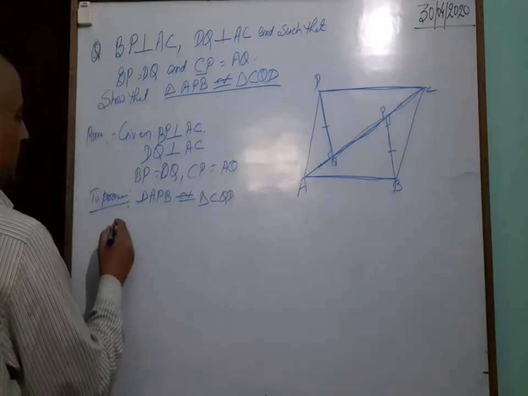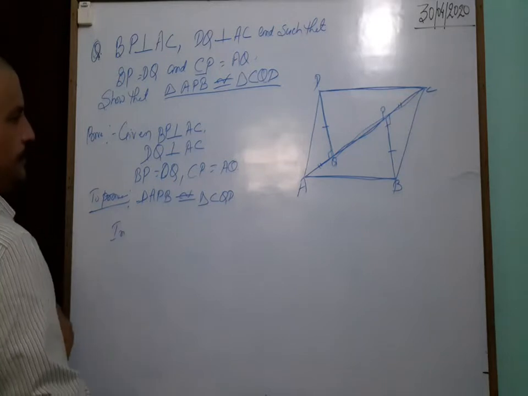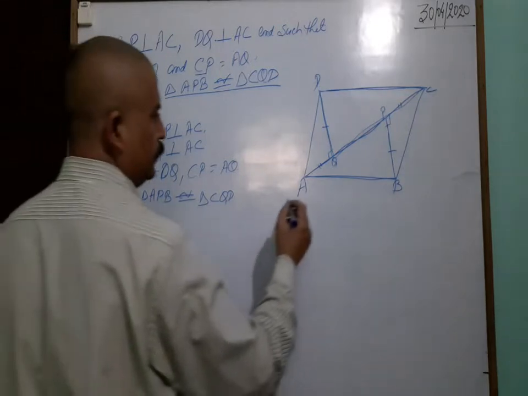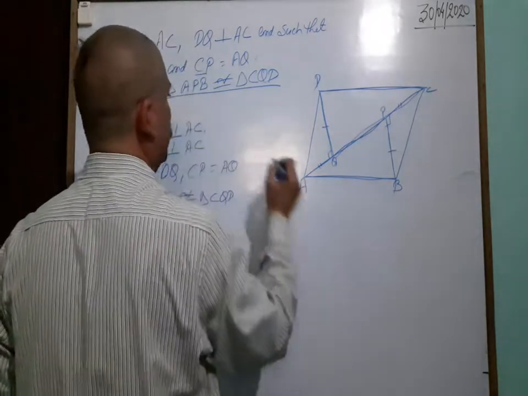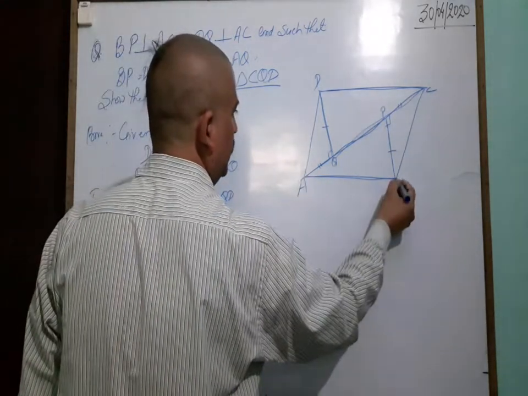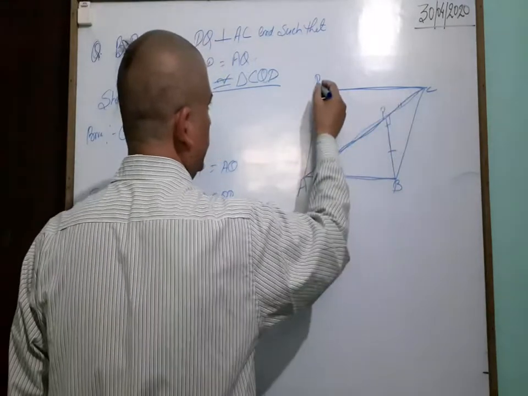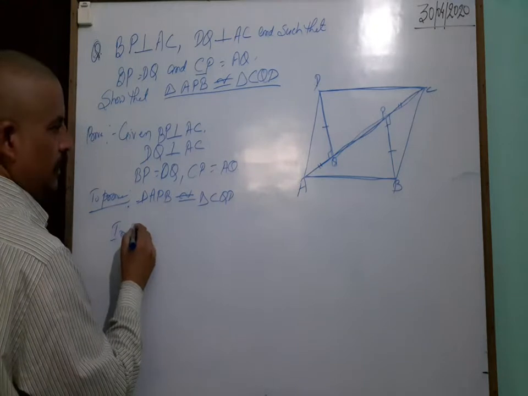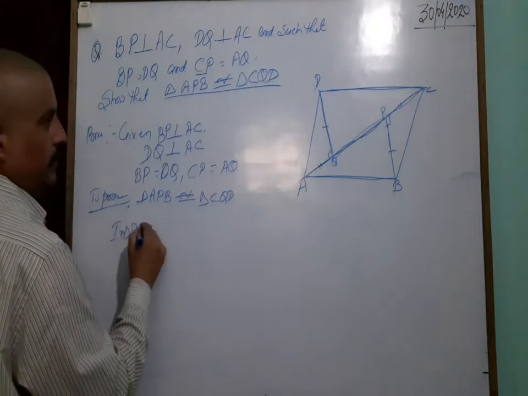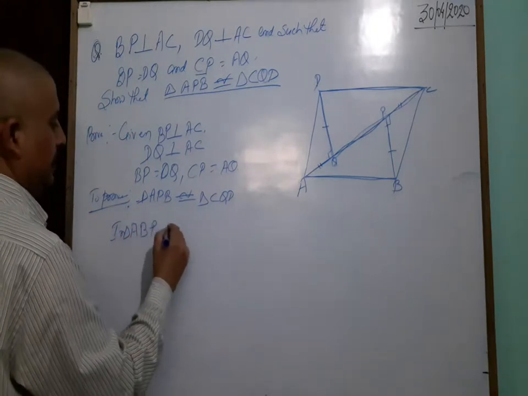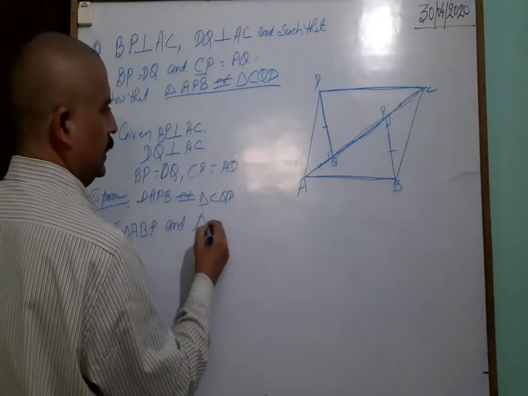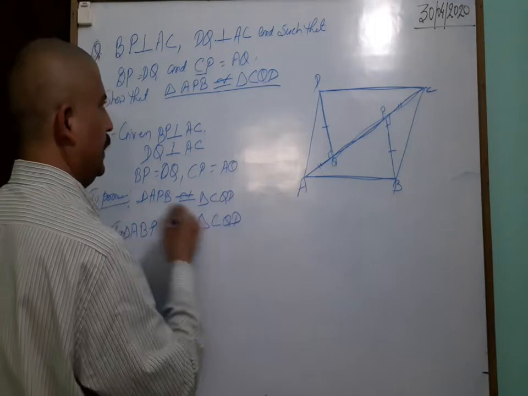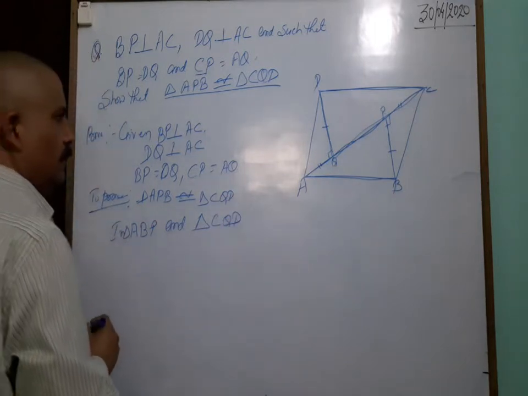So in triangle ABP and triangle CQD, what is the given?